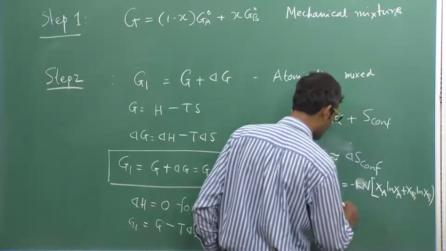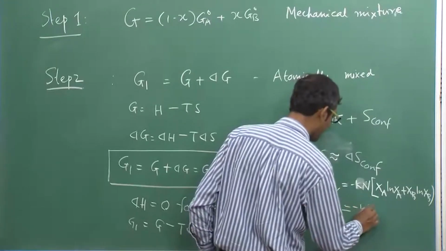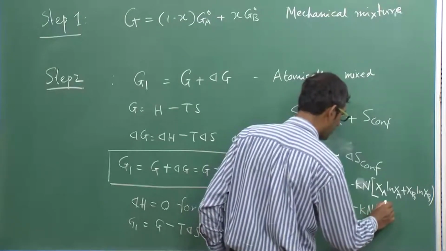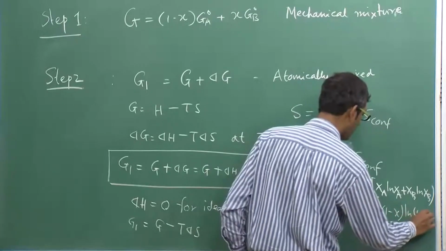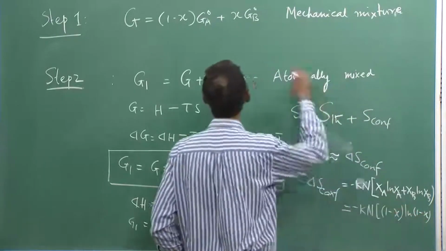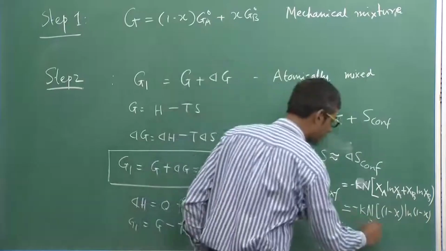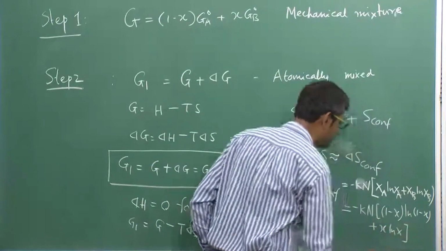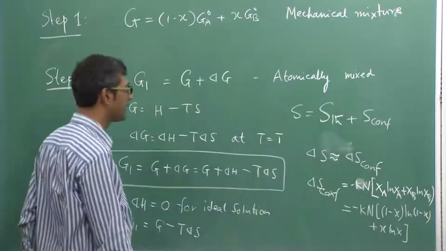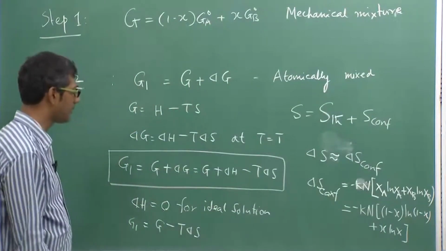For our system we can write minus kN multiplied by (1 minus x) log of (1 minus x) plus x log of x, because the mole fraction of A is 1 minus x, and x log x is from B. That is what we get if we do the detailed calculations.